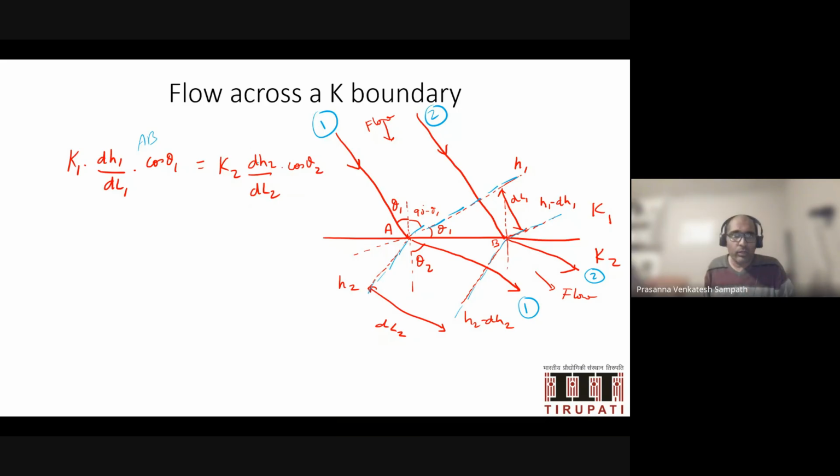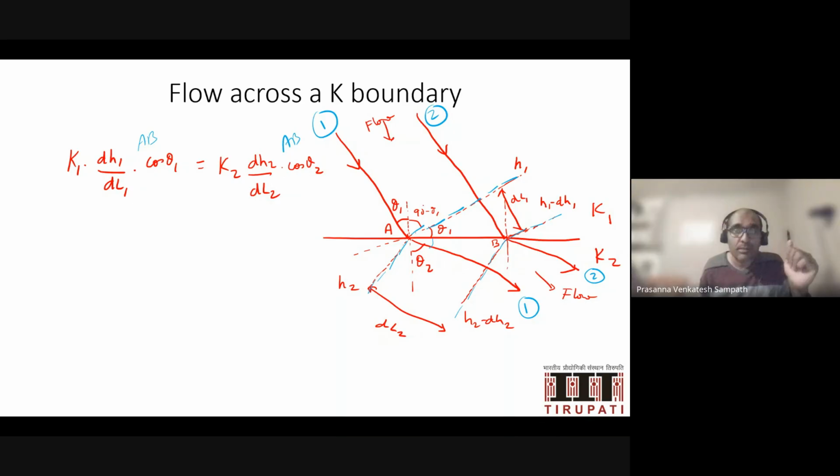So I write that over here, dH2 divided by dL2, that's the head gradient, multiplied by AB. This same AB cos theta 2 will give me this distance, right? If this is theta 2, then this will be 90 minus theta 2, right? So sine of 90 minus theta 2 will be this distance divided by the hypotenuse, which is AB. Point A is over here, point B is over here. Okay, I hope that's making sense. AB is that common interface between the two.